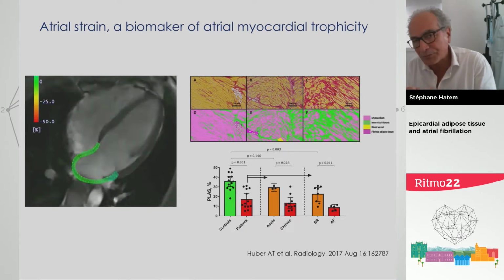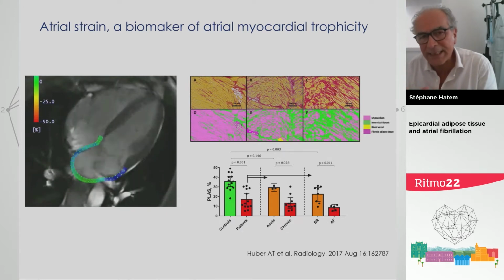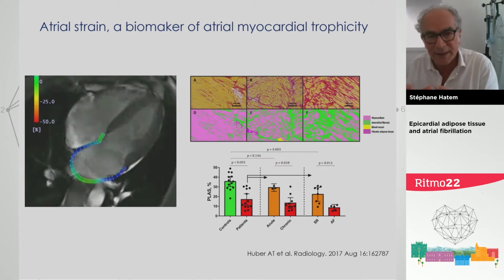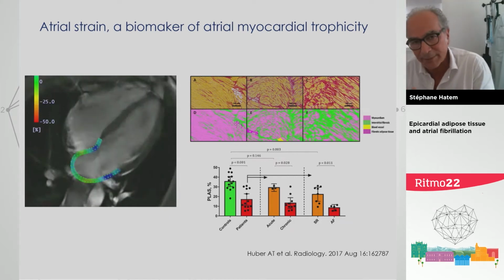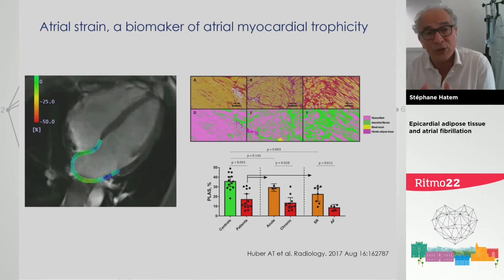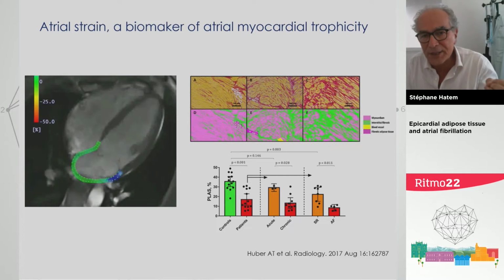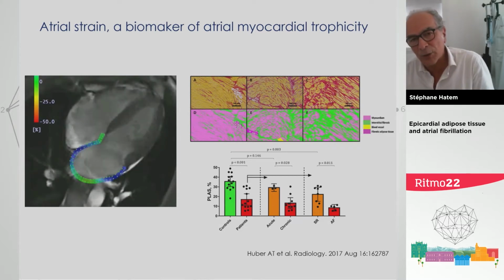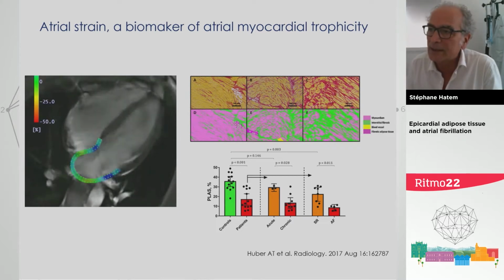So this strain, which is a fascinating parameter that is probably still under study but will probably progress, is a very strong biomarker of the trophicity, including histology, but also biological properties of the atrial myocardium, that can be used.